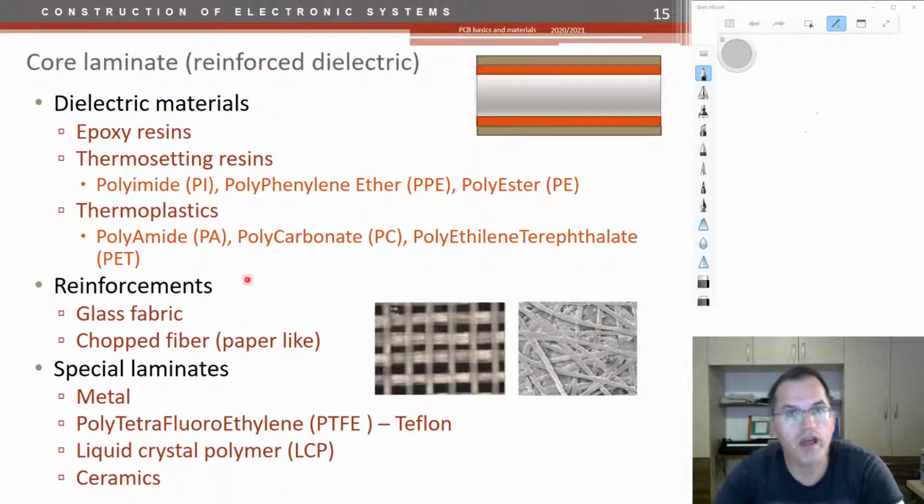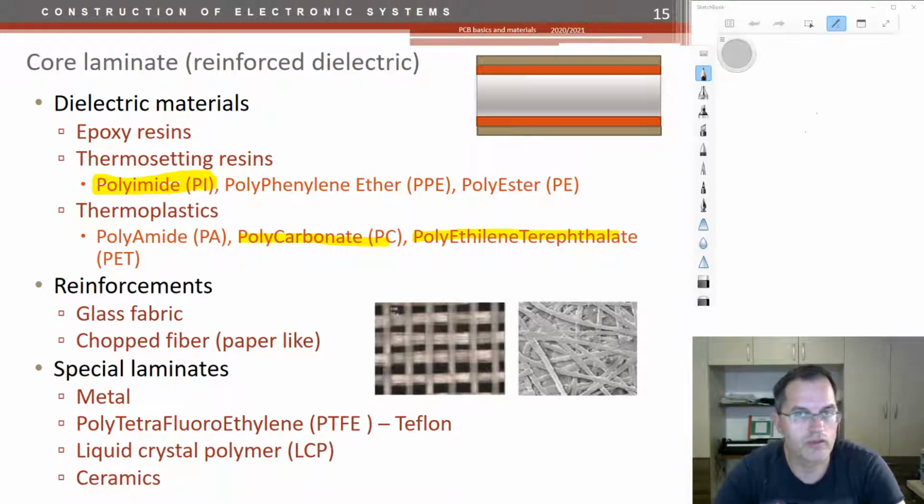But you can have other dielectric materials as well, and they are divided into groups. First is thermosetting resins, and the second is thermoplastics. Among those, the most important are polyamide, polycarbonate and polyethylene terephthalate.